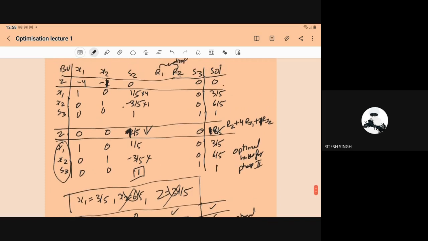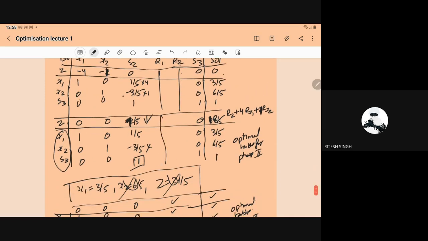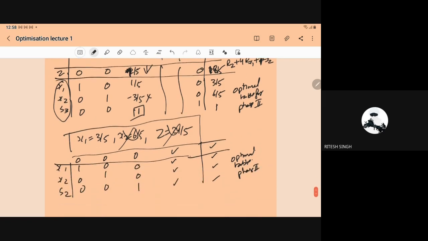The main thing is, here you have to drop R1 and R2. You do not write them in phase 2, because the role of R1 and R2 is just to initialize the simplex iteration.